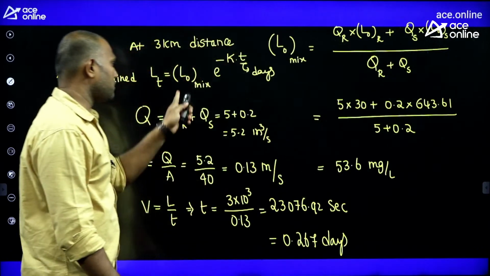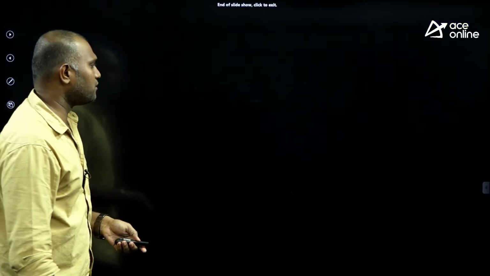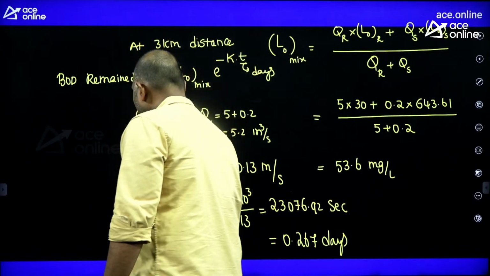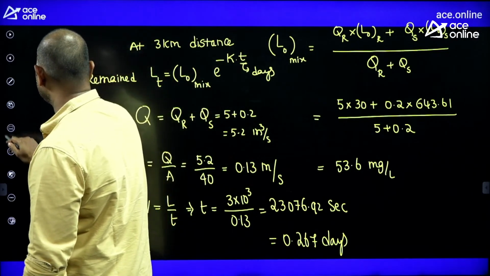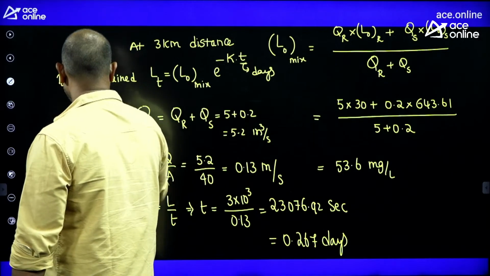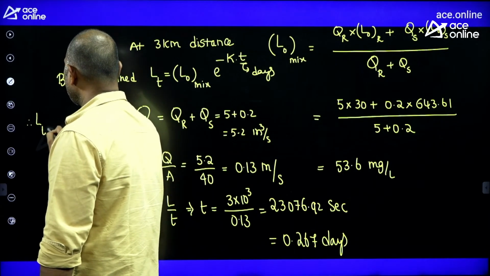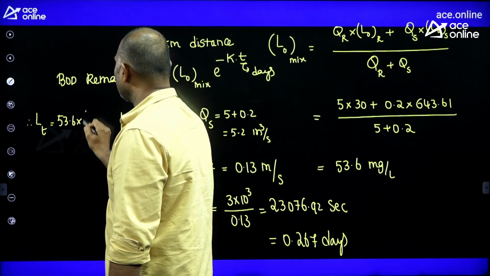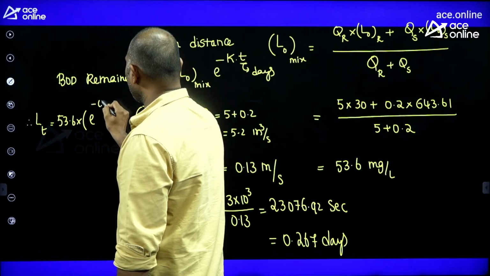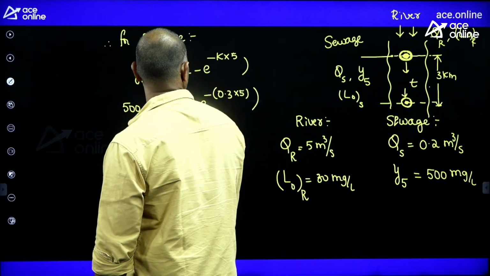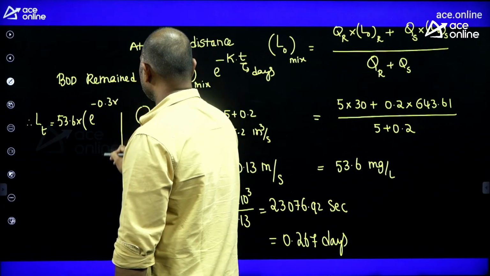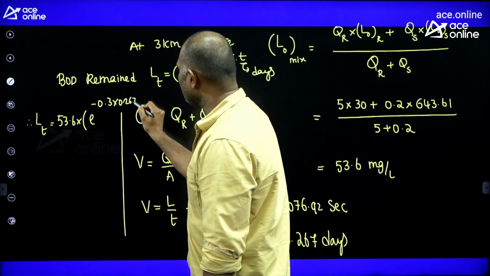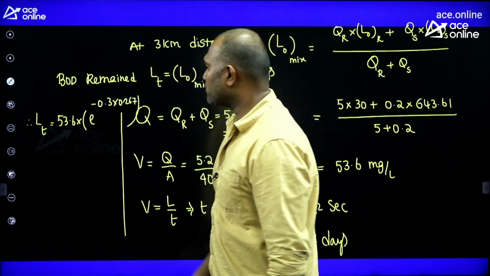I am asking you the remained. So now what is that remained value? The remained value is LT equals 53.6 into e to the power of minus 0.3 into how many days? The days is 0.267.